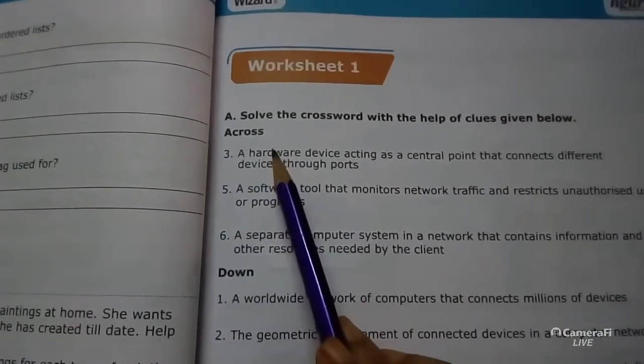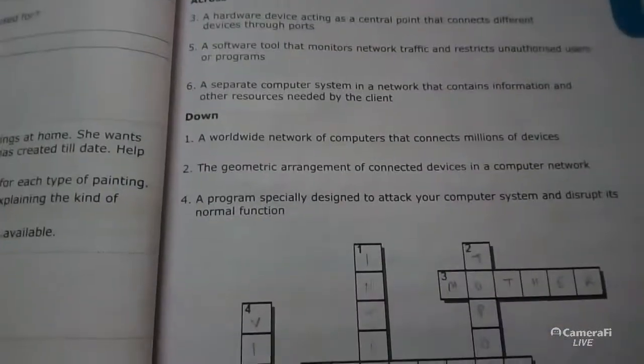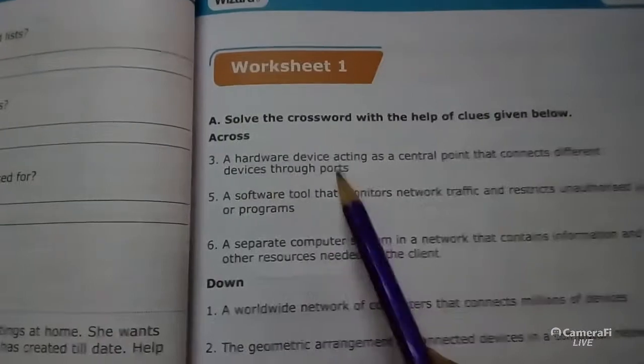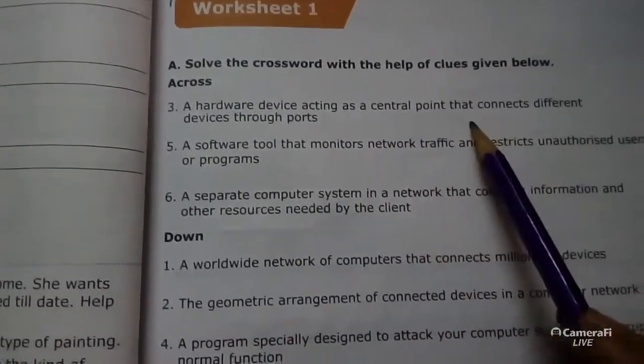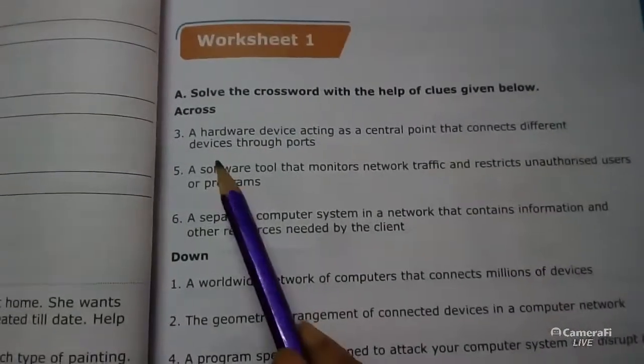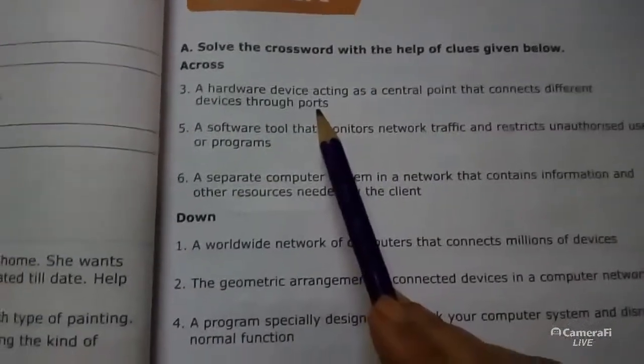Across means this side, and down means this way. Number 3, a hardware device acting as a central point that connects different devices through ports.